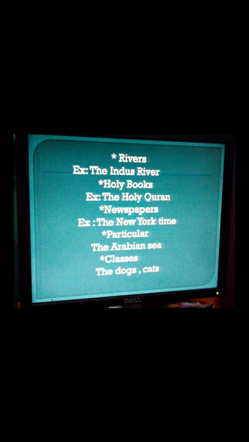Holy books can be the Holy Quran, the Gita, and any religious book. Newspapers: the New York Times newspaper, so with a particular newspaper we have to use the.